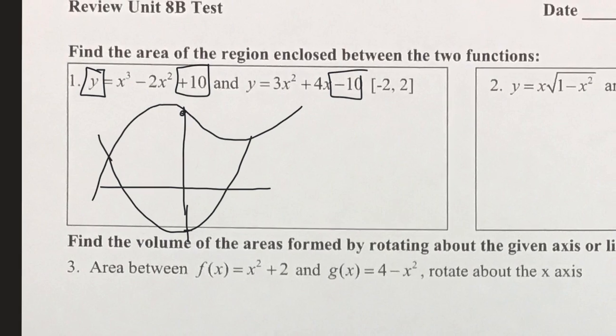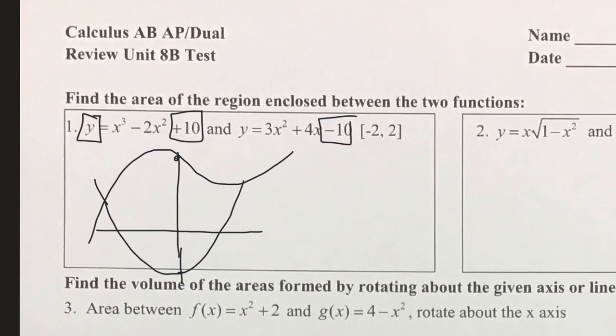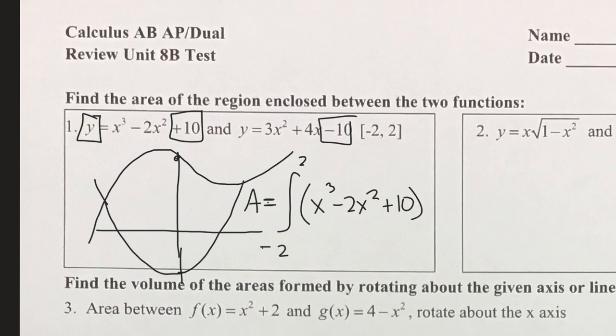But the point is that we're taking the integral from -2 to 2. This is how we find the area between our functions. We take the integral from -2 to 2 of the top function, which is x cubed minus 2x squared plus 10, minus the bottom function, 3x squared plus 4x minus 10, dx.